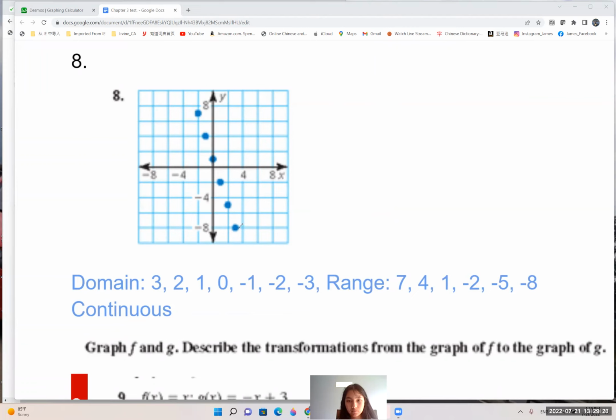Oh yeah, here is 3, 2, 1, 0, -1, -2. Do you think there is -3? No, right? So this does not mean something hard. It means you have to be careful, right?